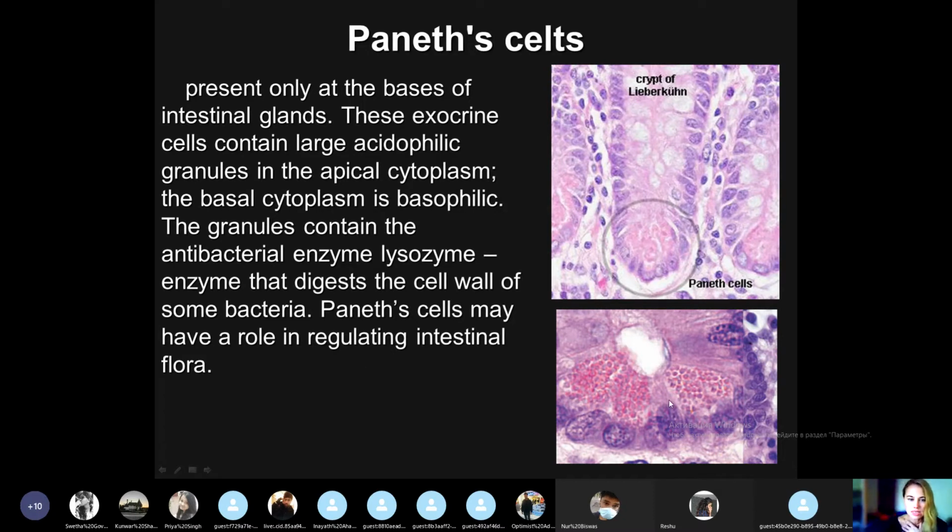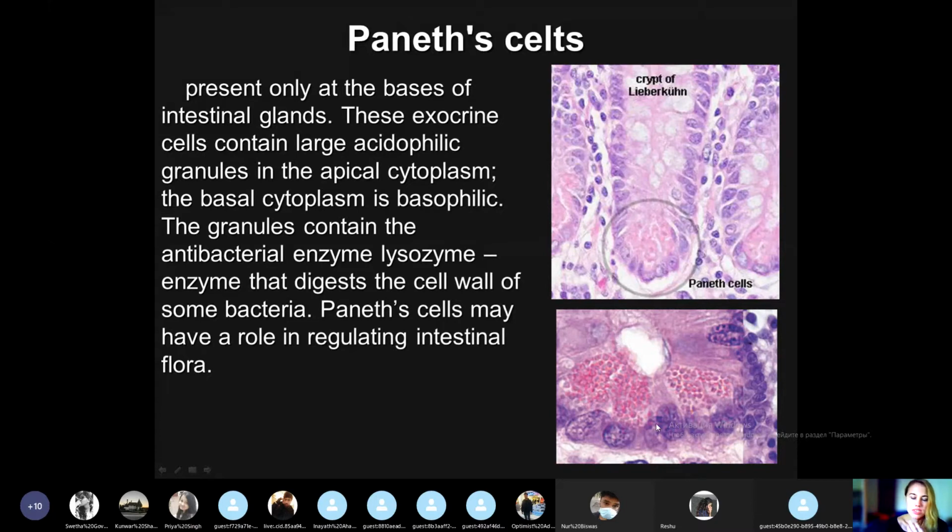The Paneth cells produce antibacterial enzymes, such as lysozyme and other enzymes that provide digestion of the bacterial wall. These enzymes are packed into secretory vesicles, which we can see in the apical surface of the cell.